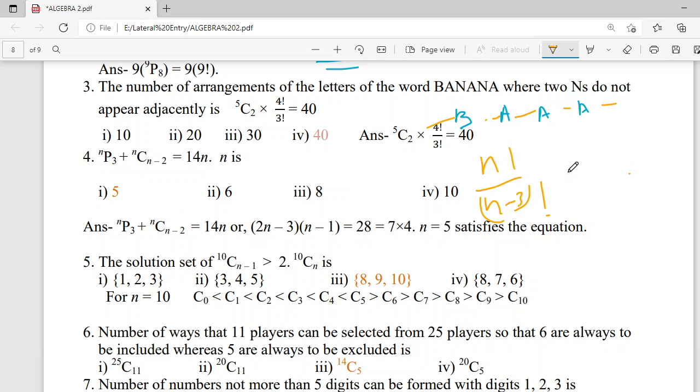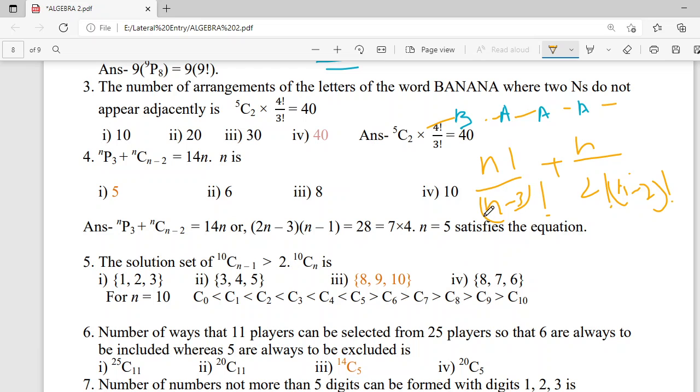And this one is n factorial by 2 factorial (n minus 2) factorial. So this is given as 14n.